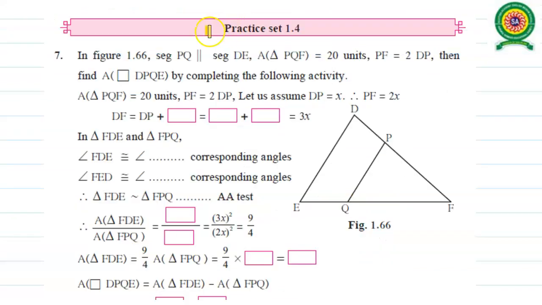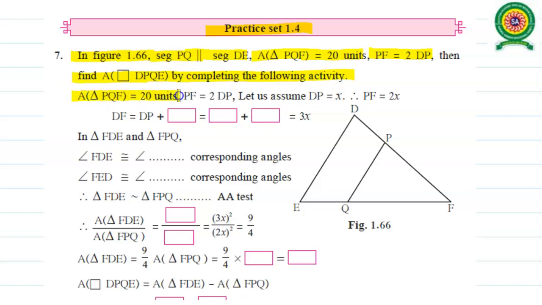Now look at question number 7 from practice set 1.4. In figure 1.66, segment PQ is parallel to segment DE, area of triangle PQF equals 20 units, PF equals 2 times DP, then find the area of quadrilateral DPQE by completing the following activity.